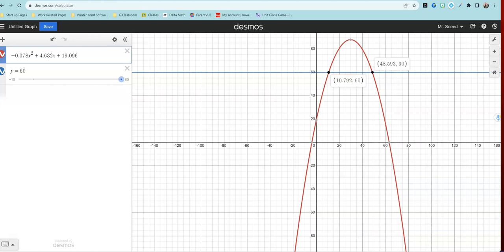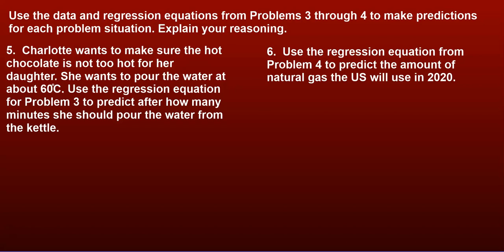So we have an intersection at 10.792 and at 48.593. And those are our two answers.